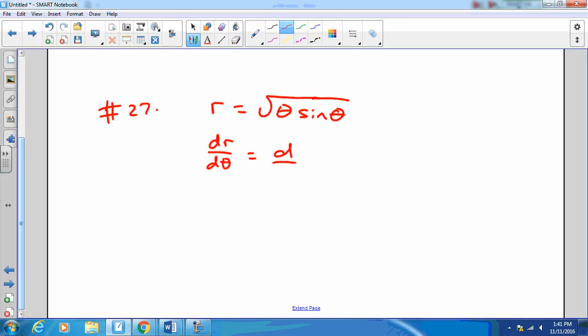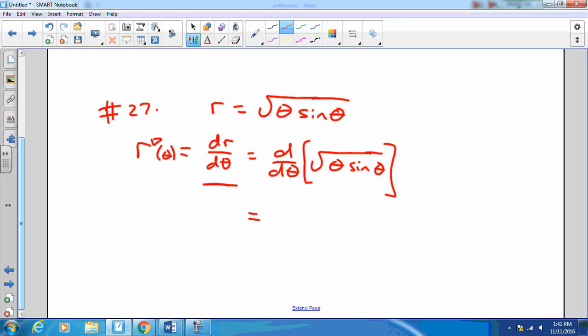And so we're going to take the derivative with respect to theta of the square root of theta sine theta, like so. You could also spell this as r prime of theta, but I chose this spelling because the book asked for that. Either one of these is perfectly fine. They're synonyms. Lagrange notation, Leibniz notation.